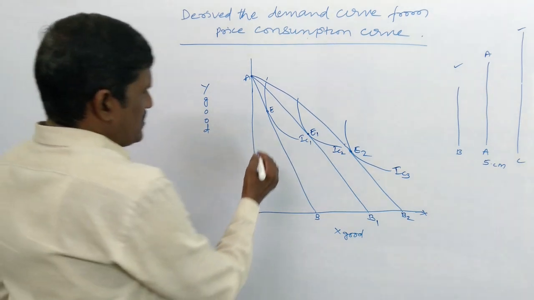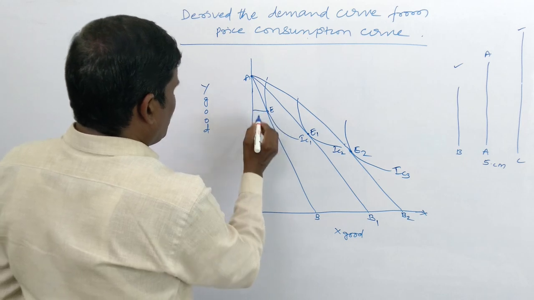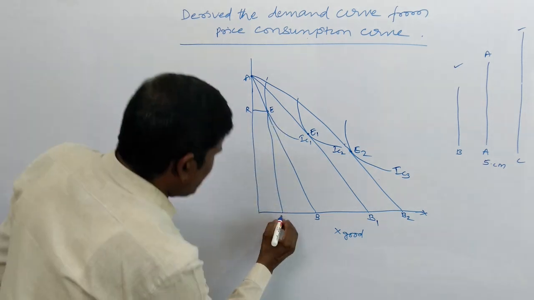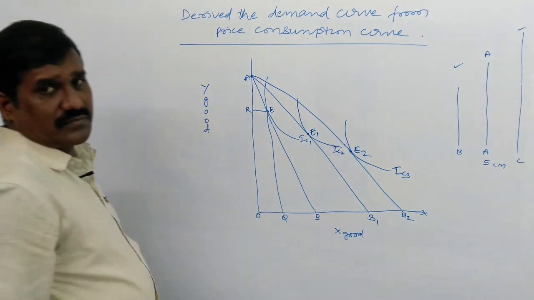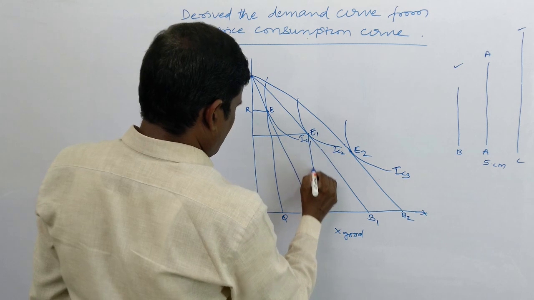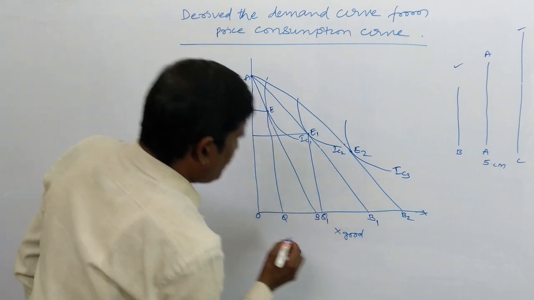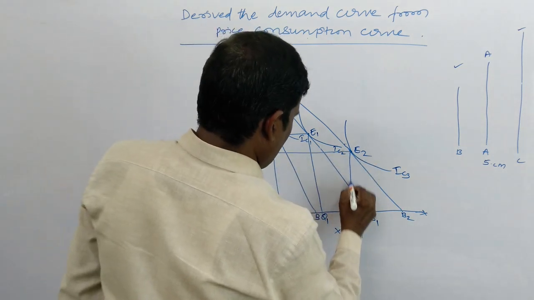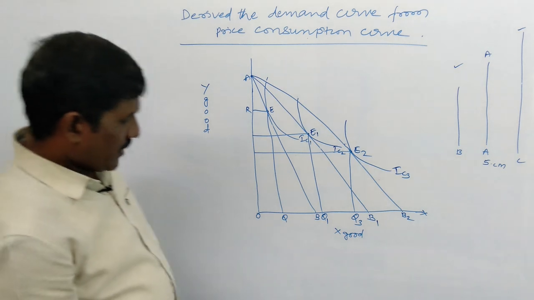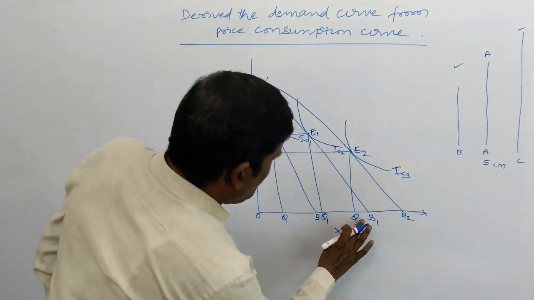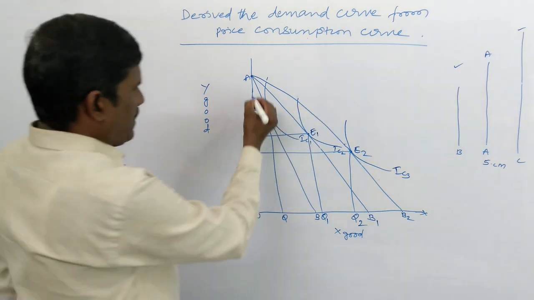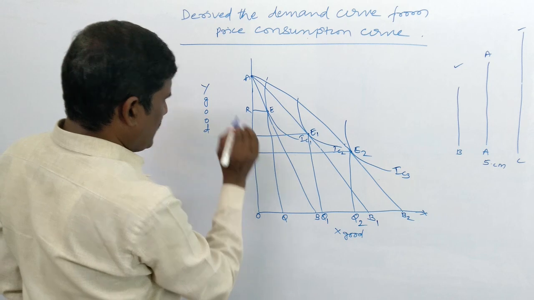Let me say, suppose this is R, and this is Q. Here Q1, Q2, Q3, then R, R1, R2.